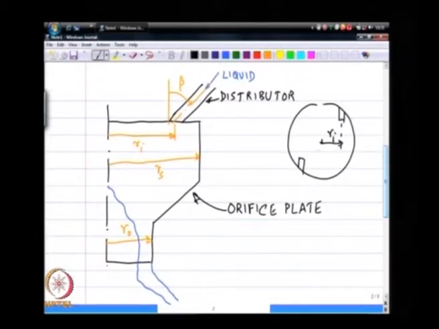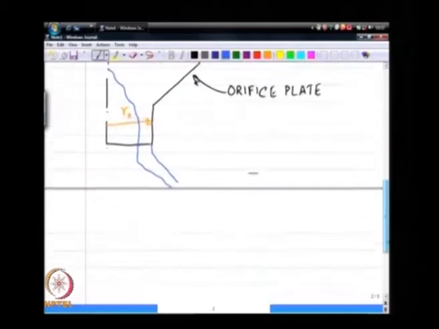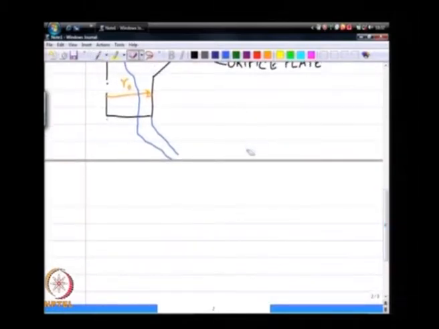Because the liquid coming in has a tangential velocity, you create a swirl in this plane, and that swirl sets up a free vortex inside this region. For a free vortex, we saw that the total angular momentum is conserved, because there is no dissipation, because the flow is irrotational. For a free vortex, the angular momentum is conserved, which I can write as follows.